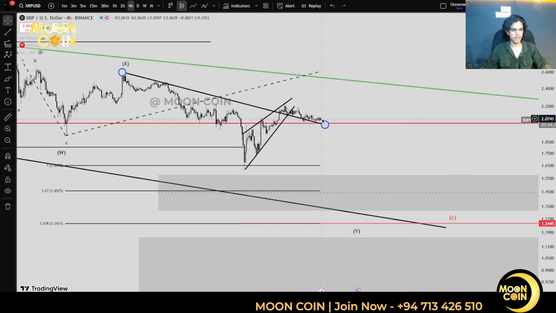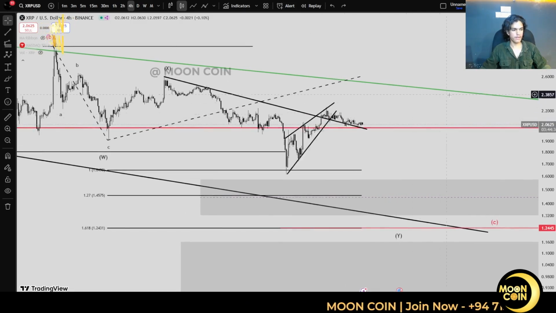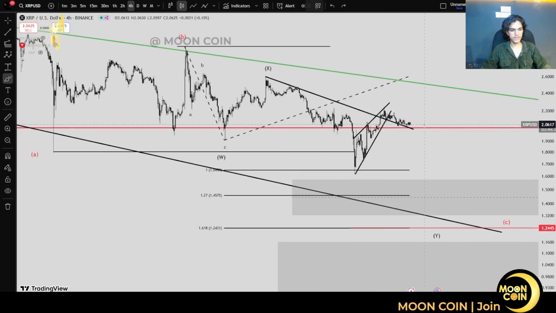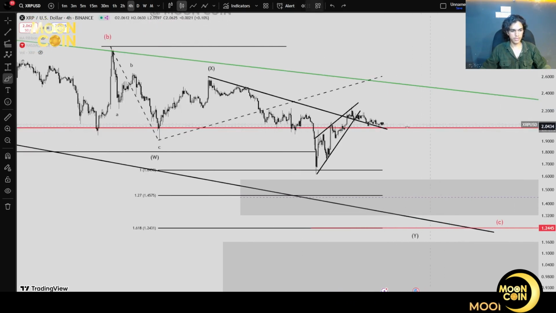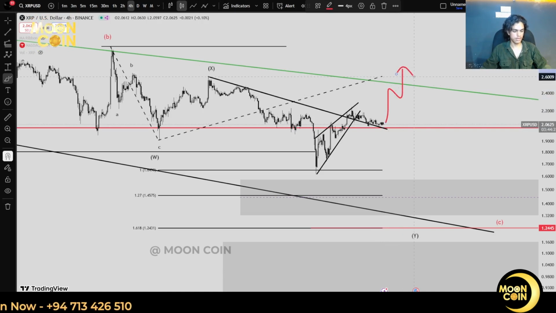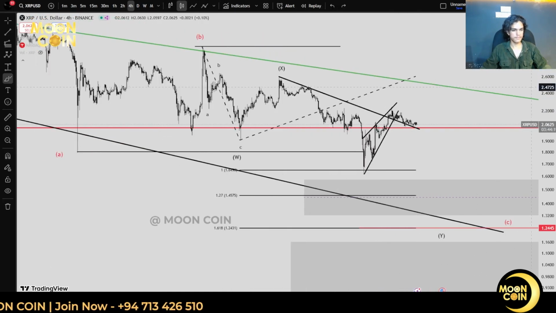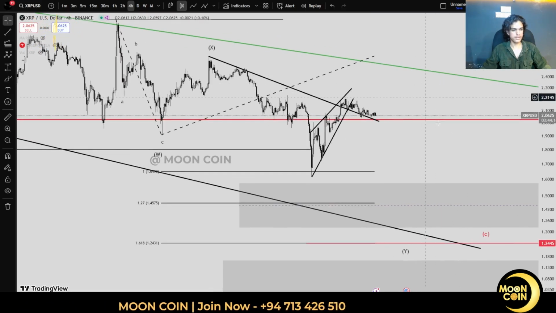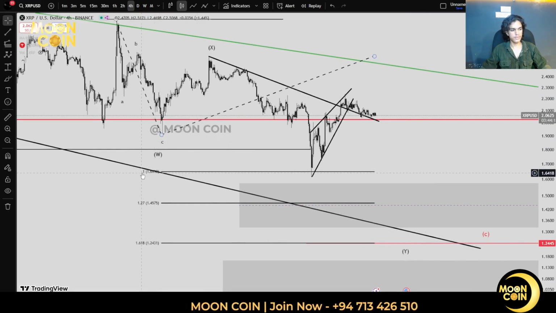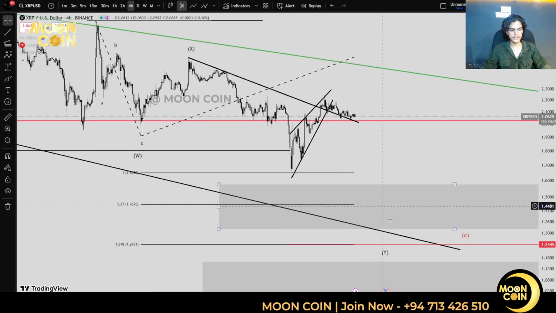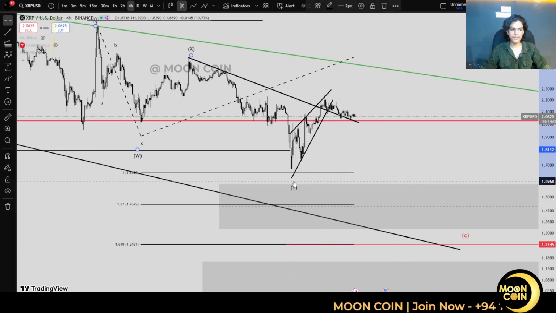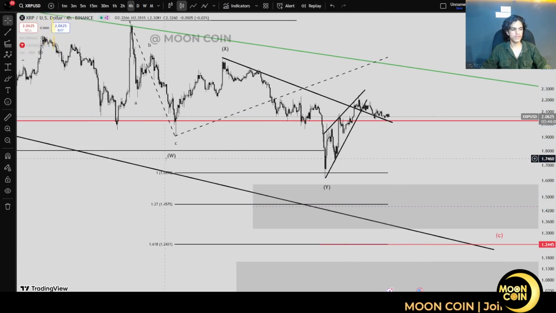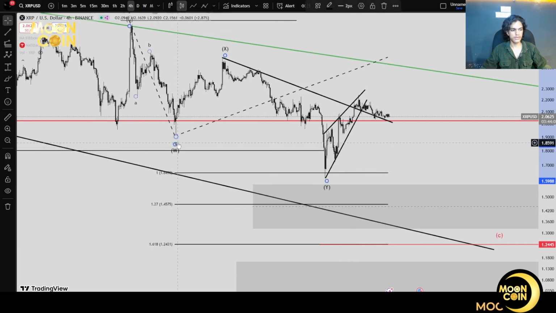Okay, so the market can pump from this level because there's a good support level here, that red color support level, so it can bounce from this level also. Okay, and since the one fib level is reached, so we can consider this also as a Y wave. Okay, so it's considered to be a Y wave.